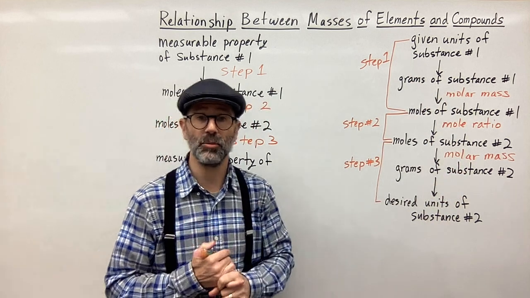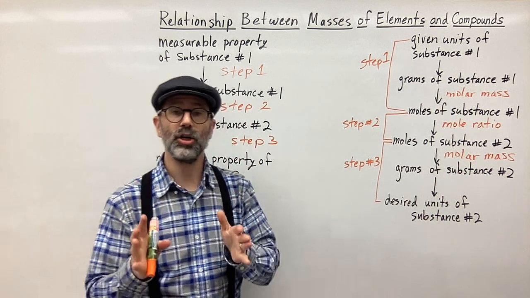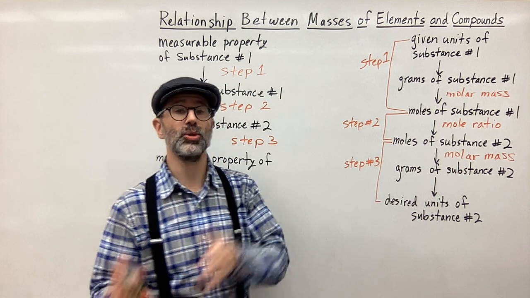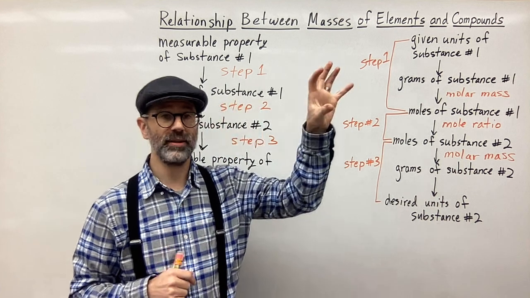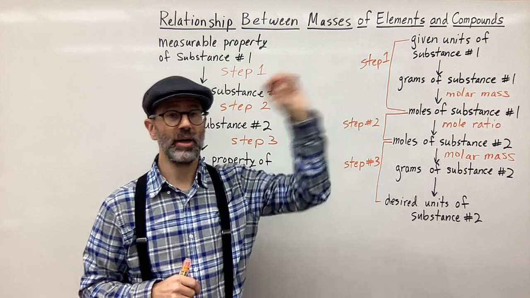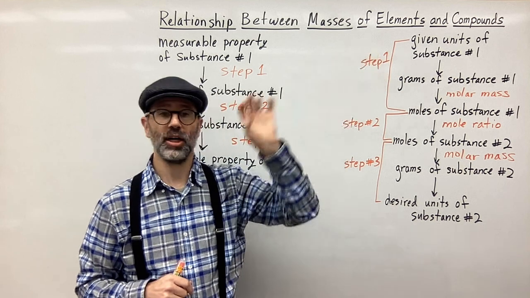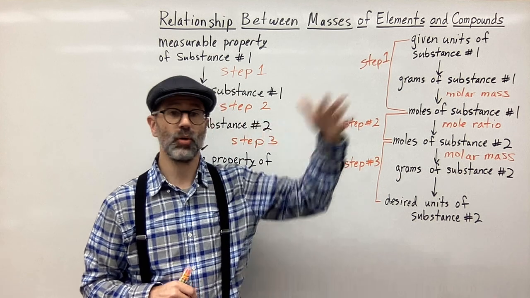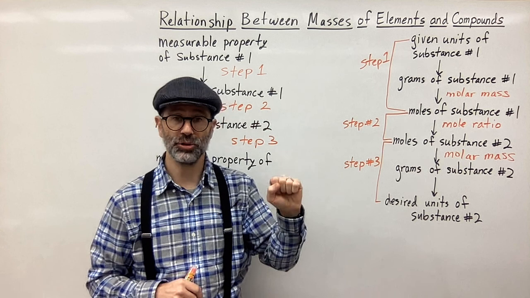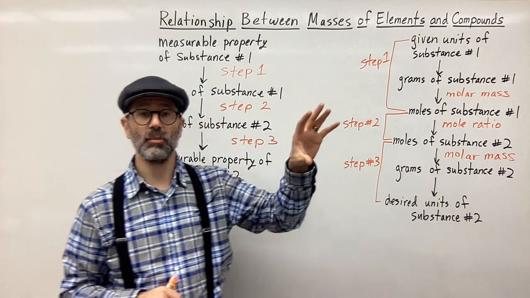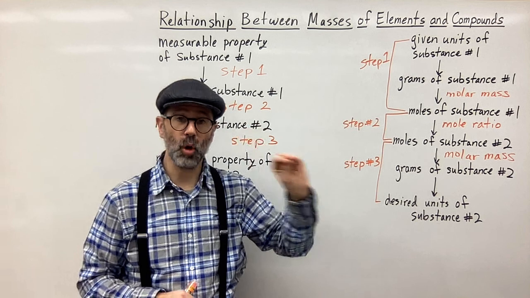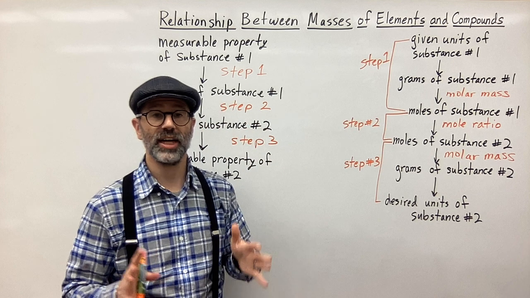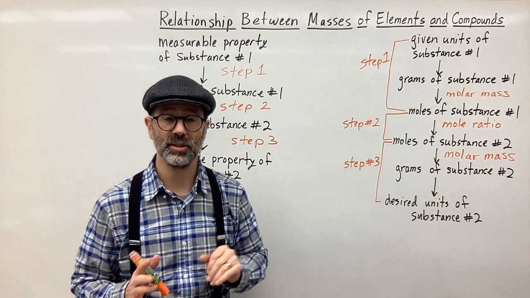To summarize, whenever you're converting from one substance to a different substance, step 1: whatever measurable property they give you, you convert that to moles using whatever conversion factors you can. Once you have the moles of substance number 1, you convert that to moles of substance number 2 using a mole ratio between the two substances.